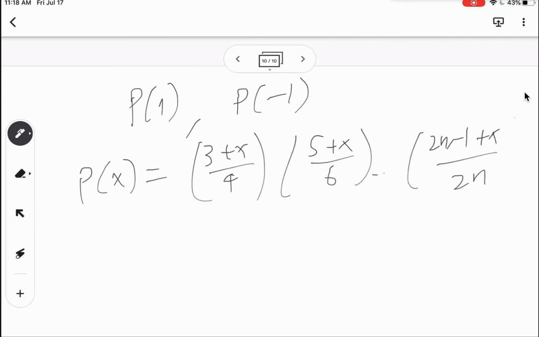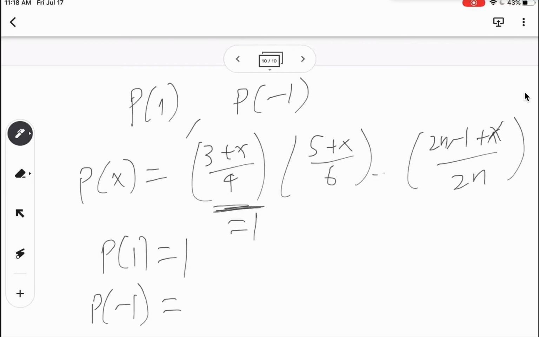If we plug in x equals 1, each of these terms equals 1, so P of 1 equals 1. Now let's look at P of negative 1. Let's look at what each term is. This term becomes 2 over 4, times 4 over 6.